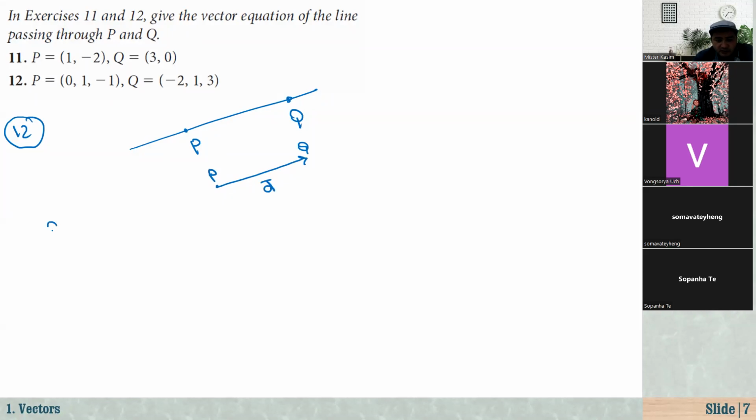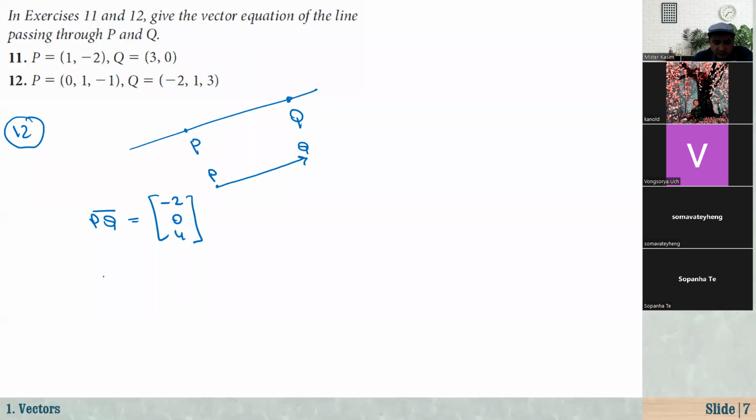So then what is the direction vector? Direction vector is PQ. So that's equal to -2 minus 0, it is -2. 1 minus 1, it is 0. 3 minus -1, it is 4. Okay, and let me just write it as PQ. Now I'm just going to write the direction in the simplest form, because if you multiply this by any number, it just gives us another vector which is in the direction of this PQ.